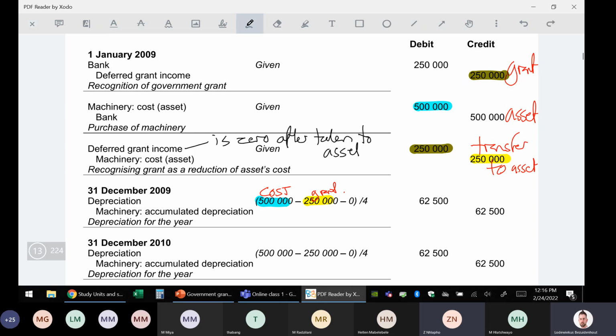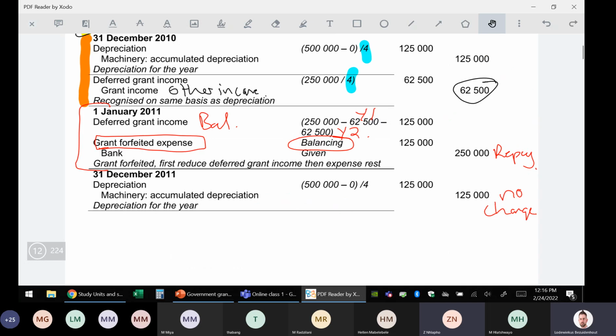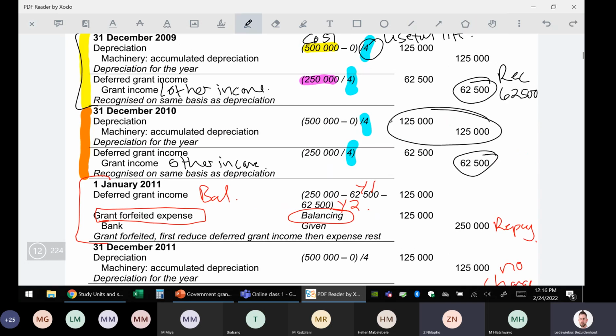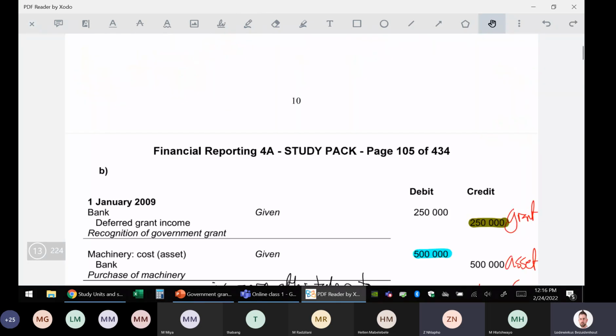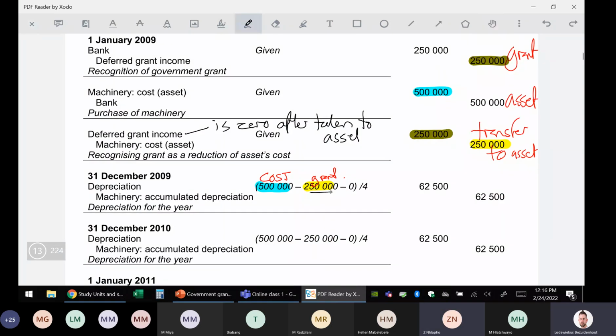All right, we reduce the cost of the asset, so depreciation will be less. What was the previous depreciation in the previous example? Depreciation was 125 each year. Now depreciation will be less because we reduce the cost of the asset with that grant. So previously we had 125. Now we have 62,500.